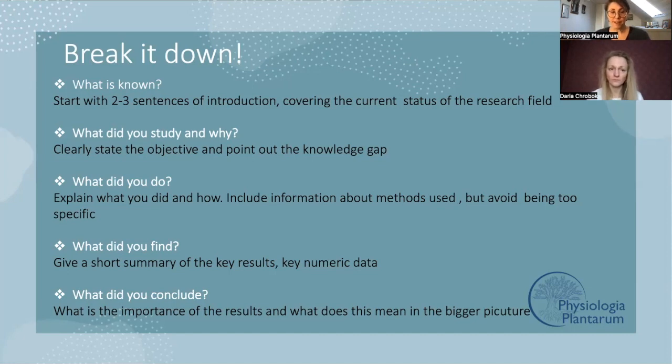Once you have done that, you should state what you studied and why. So present the knowledge gap, because that's what we're trying to do when we do research: close the knowledge gap. We know some things, but there's something unknown that we want to find out.